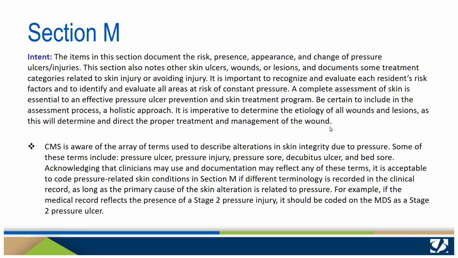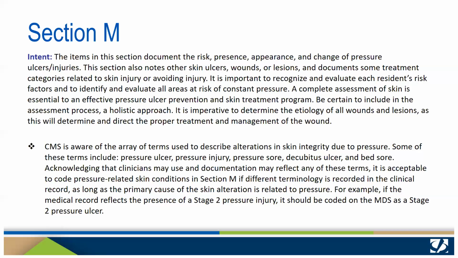So the intent of section M hasn't changed. It's to document the risk, pressure, appearance, change of pressure ulcers and injuries, to note any kinds of wounds or lesions and the treatments that they're getting for that. CMS also did put a little disclaimer in here that they're aware of all the different terms that many different clinicians may use, or documentation can reflect any of these terms.